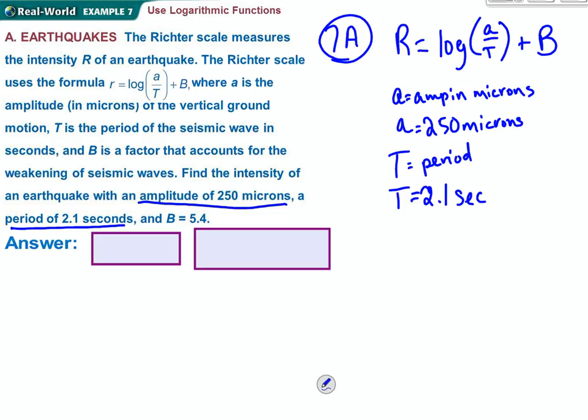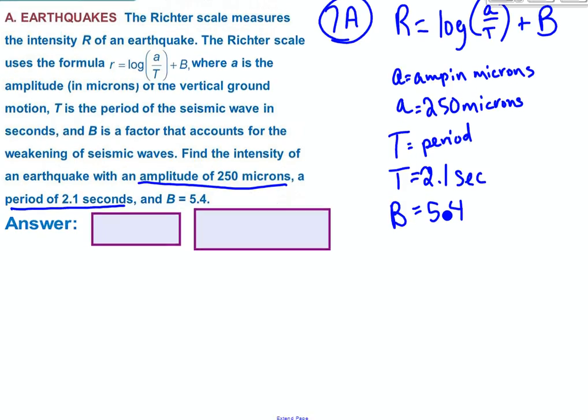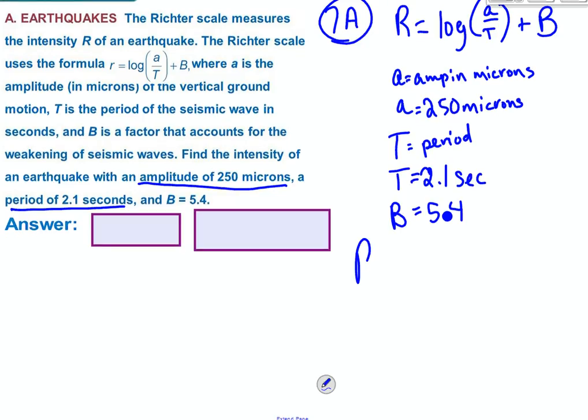And then capital B is just a factor that accounts for the weakening of the seismic waves, and that is given as equal to 5.4. So we're going to use this information and put it in this logarithmic equation. So we'll get R equals the log of A, which is 250, over capital T, which is 2.1, in parentheses, plus 5.4.